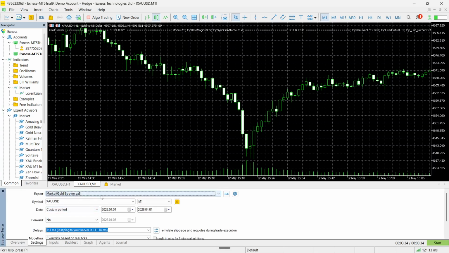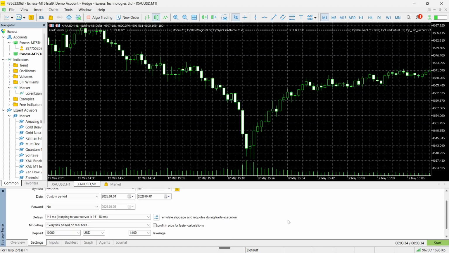So as you can see, I tested the EA. I used the recommended pair, the XAUUSD gold pair, and I used the recommended time frame as well, the M1 time frame. For a custom period of 1 year, I tested from the 1st of April 2025 to the 1st of April 2026. And for a 10K account, my initial deposit was $10,000.